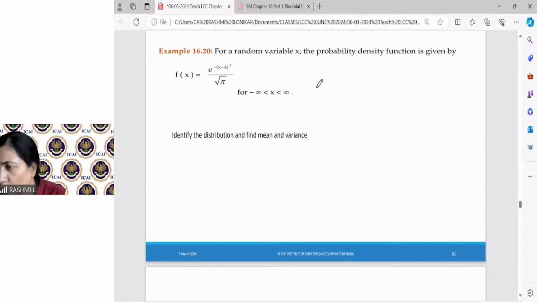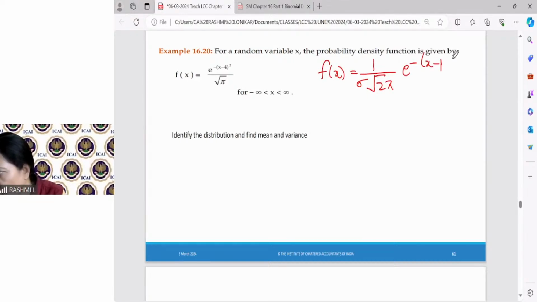So what I know is what is the original formula for normal. This is equal to 1 upon sigma square root of 2 pi e raised to minus x minus mu whole square upon 2 sigma square. Right? Now here what do I have?